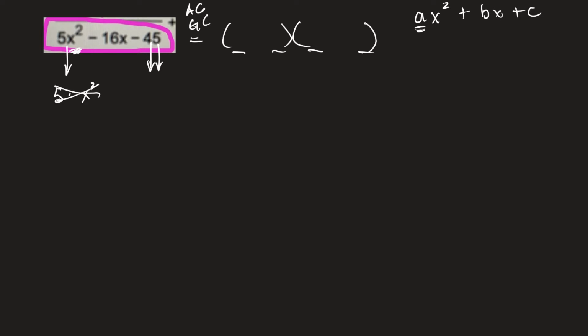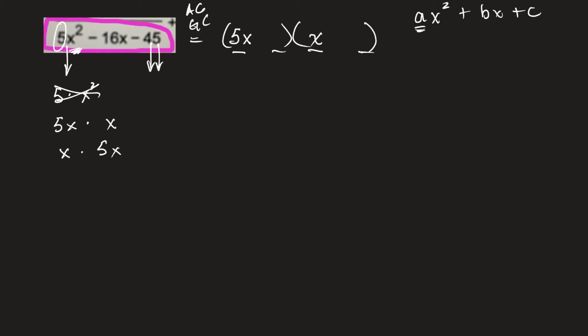But you could go 5x times x, or x times 5x, but those are really the same thing, just put in different brackets. So for the 5x squared, there's only really one option: you can put a 5x there and an x there. If there's a different number there, then there are other options you've got to play with.